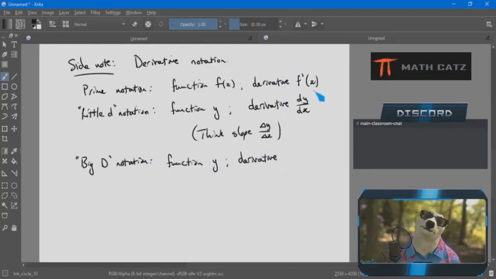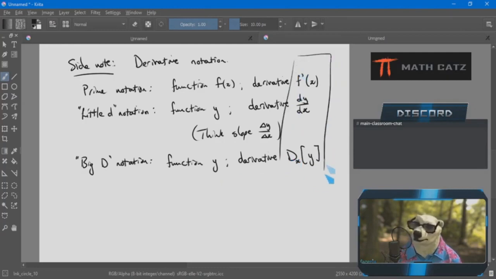It's just sometimes certain names are a little bit more convenient to illustrate properties. I'm going to use a big D for derivative. And I'm going to say what the variable is at the bottom. And then I'm going to put the function or its details in square brackets. All of these things are all the same. Some, we'll see in time, are just more convenient than others.